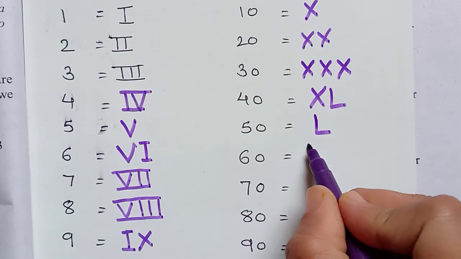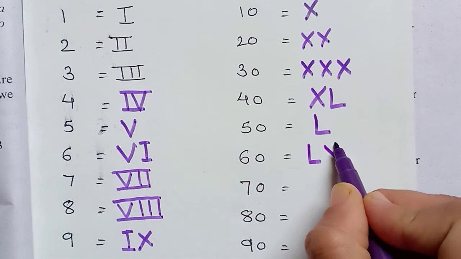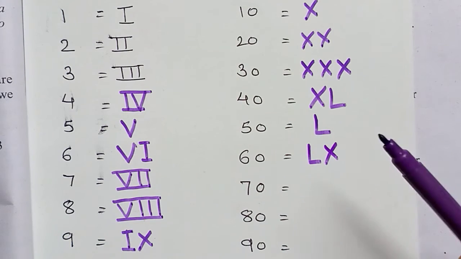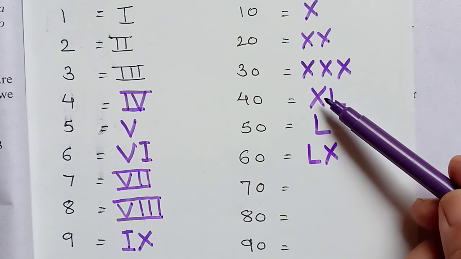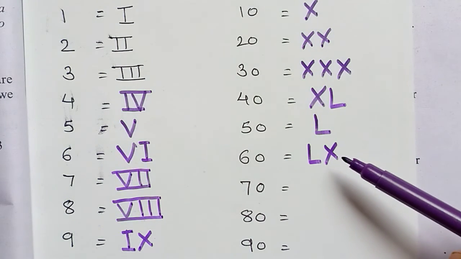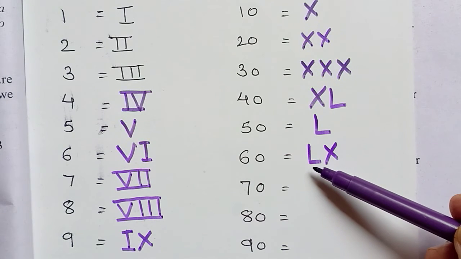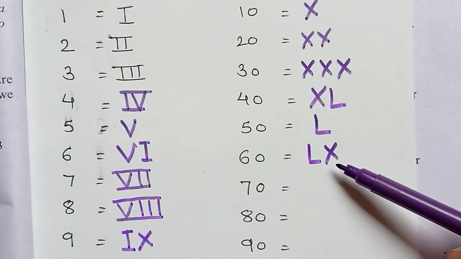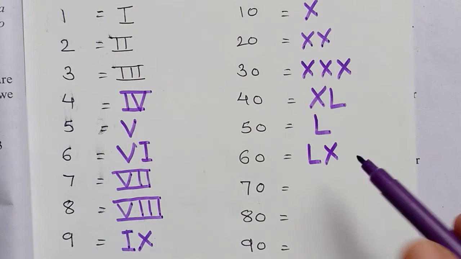60 is LX. Just see, I have subtracted 10 from 50 to write 40, so I have written it on the left side. And here 50 plus 10, which gives me the answer 60, so I have written it on the right side.